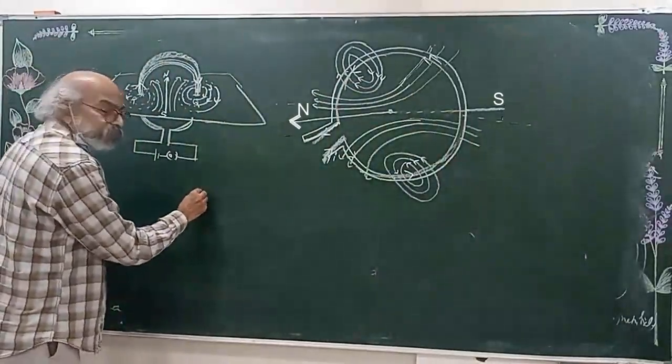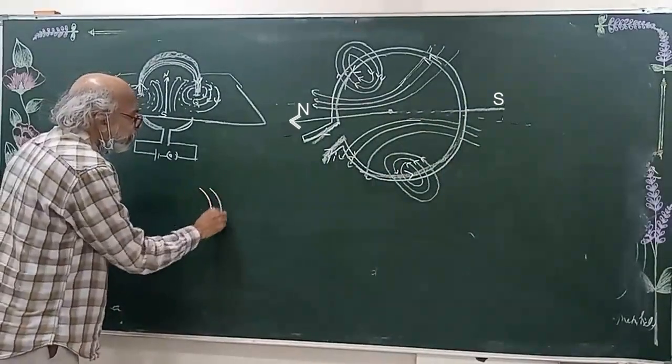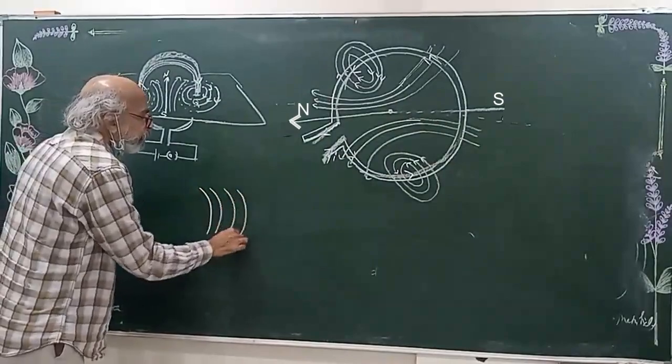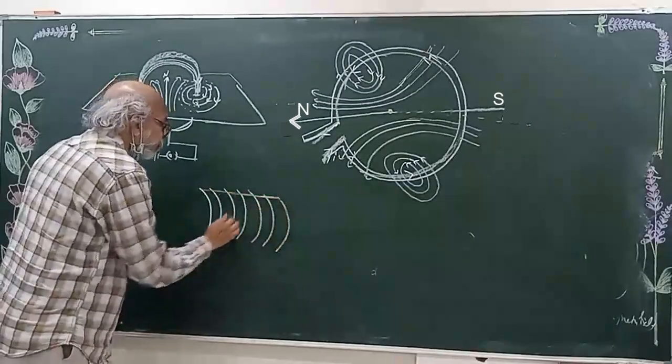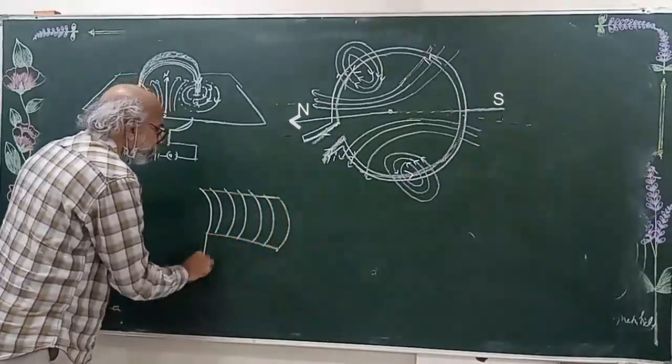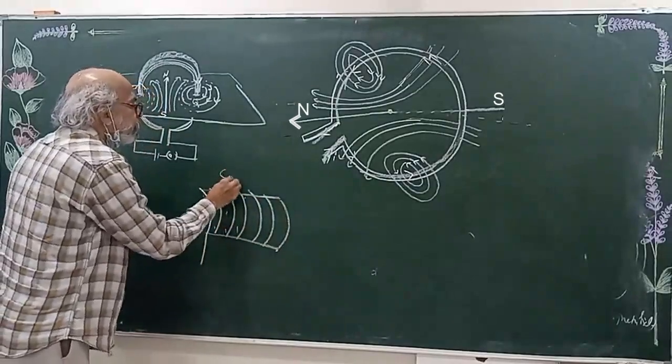A coil made as a helical loop or in cylindrical form, wrapped around in the form of a cylinder. This is what you call a solenoid.